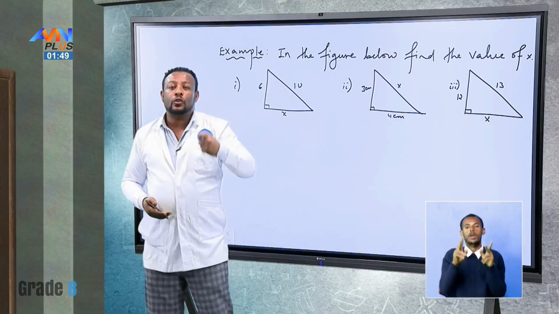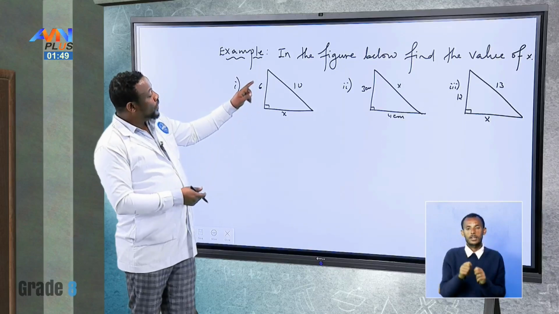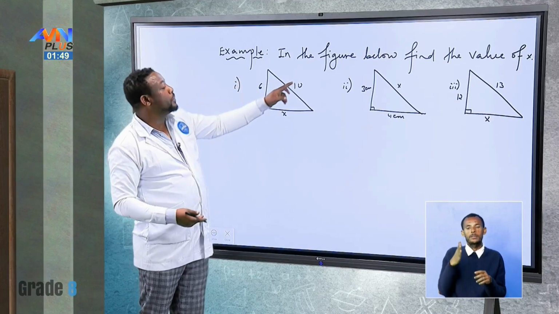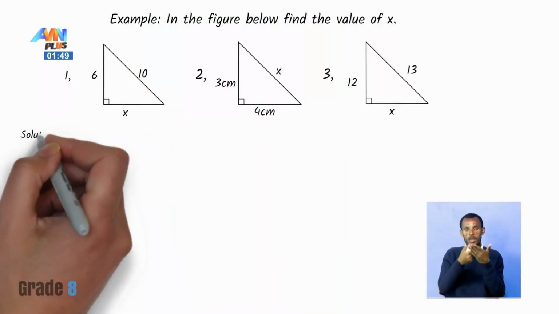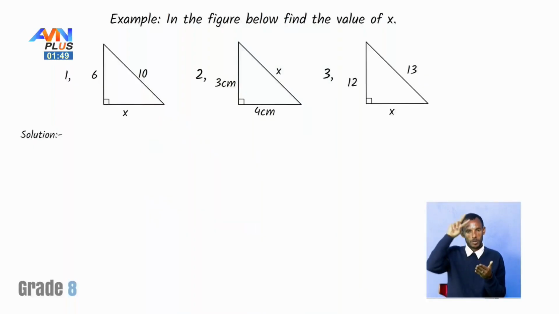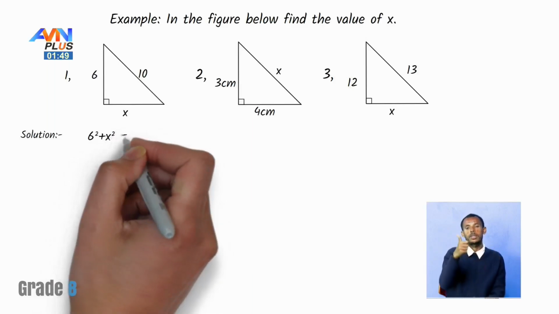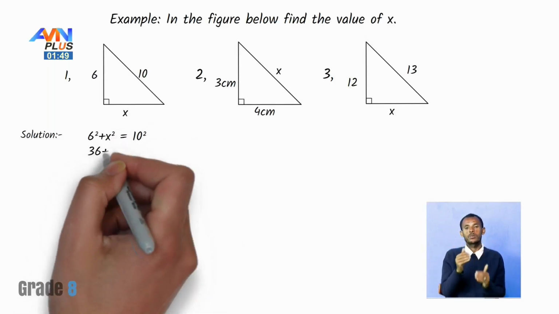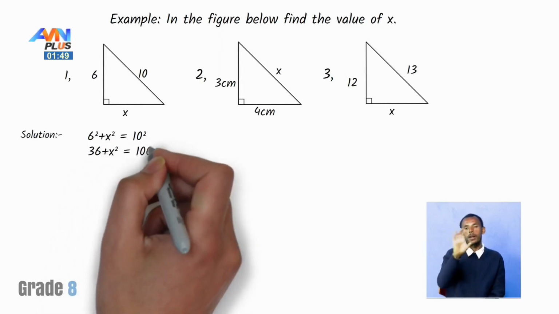Since all these are right-angled triangles, we can apply Pythagoras theorem. Whenever you apply Pythagoras theorem for the first triangle, the sum of the squares of the lengths of each side must be the square of the hypotenuse. So here we can do it like this. 6 square plus x square must give us 10 square. 6 square is 36. 36 plus x square is equal to 100, right?